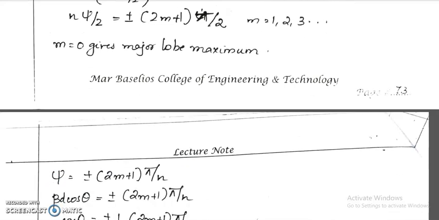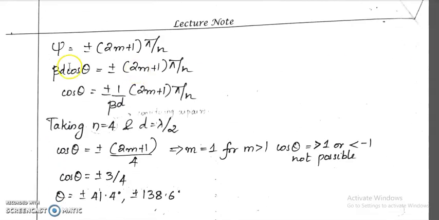When we rearrange this equation you will get psi equal to plus or minus (2m plus 1) pi by n, and we know that psi is equal to beta d cos theta. Substituting that, you will get cos theta equal to plus or minus 1 by beta d into (2m plus 1) pi by n. Here we assume the number of antenna elements n is equal to 4, and the distance between antenna elements is equal to lambda by 2.